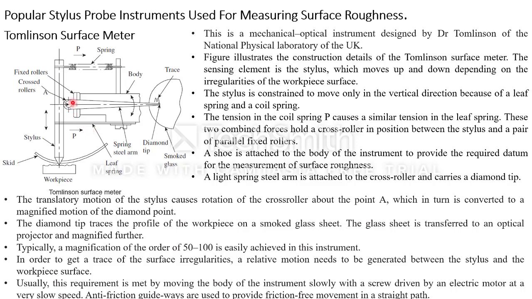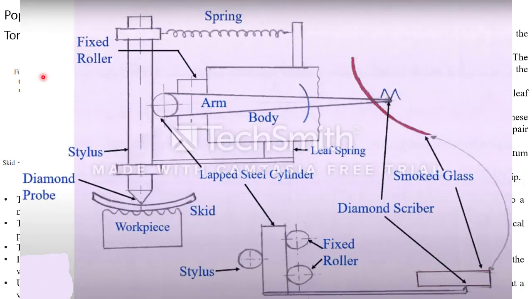So here you will be having a cross roller and fixed rollers. If you are not clear with this diagram, you can see this fixed roller here. So these are the fixed rollers. This is one view of the diagram.